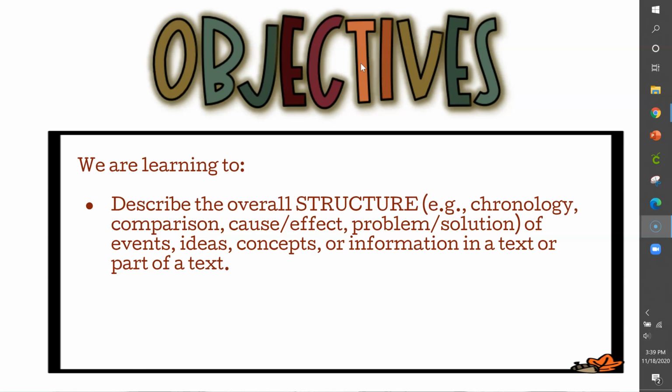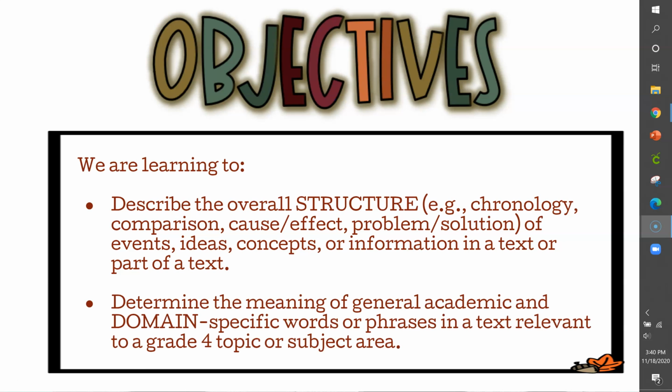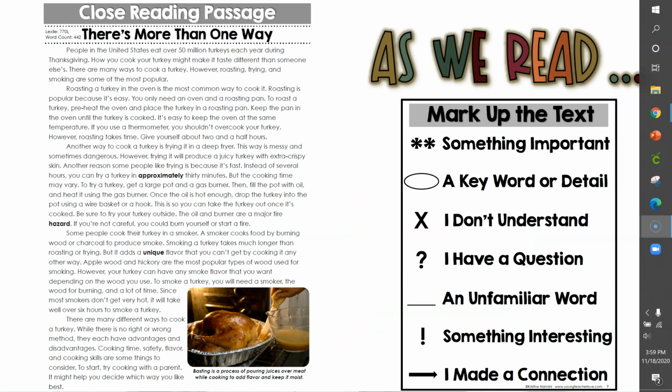Another objective of ours is to learn to determine the meaning of general, academic, and domain-specific words or phrases in a text relevant to a grade 4 topic or subject area. We're really just going to be focusing on some vocabulary words that we see in our text this week.